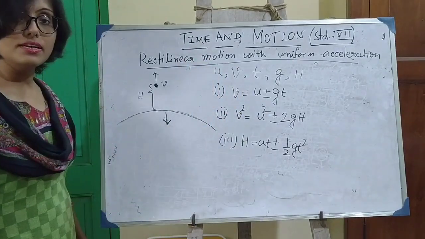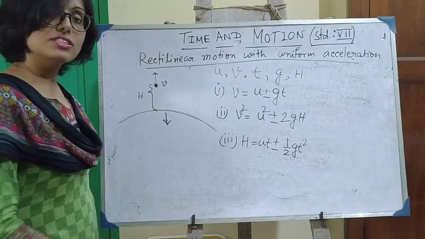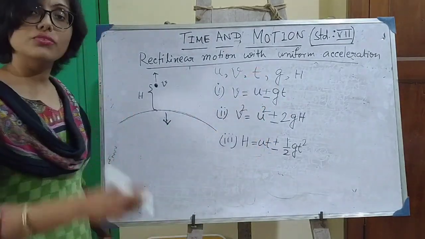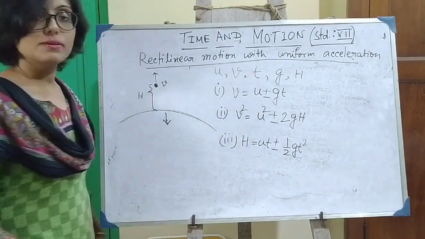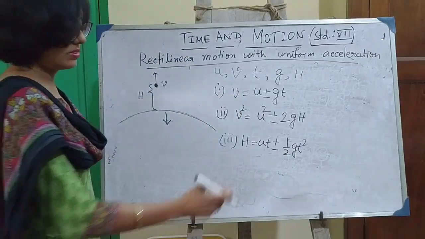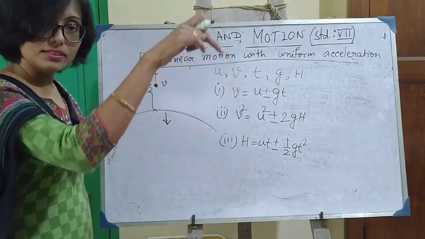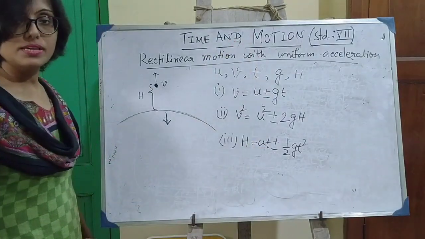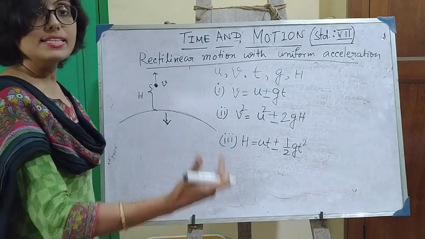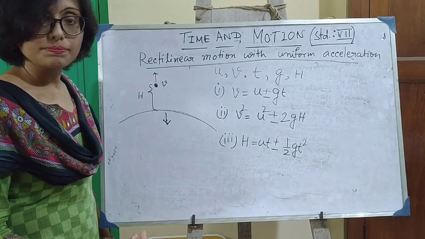We shall use negative sign when the body is moving vertically upward direction against the gravitational pull of earth. Similarly, for the second equation, we shall use positive sign for the freely falling body and the negative sign for the body which is moving vertically upward direction. For the third equation, we shall use positive sign for a freely falling body which is moving in downward direction, and the negative sign when the body is moving in vertically upward direction against the gravitational pull of earth. That means against the gravity.